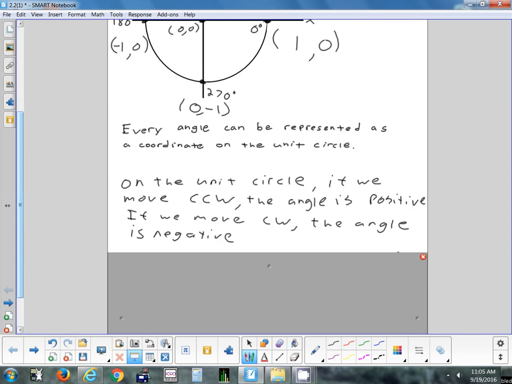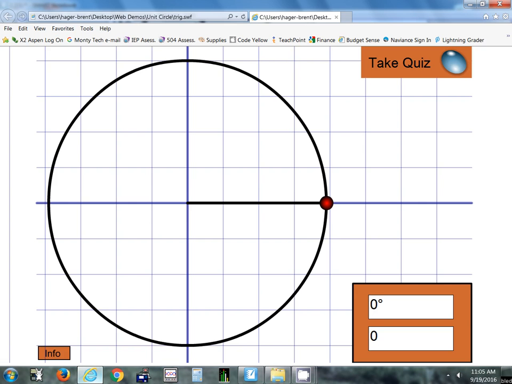Because we can go in two different directions, sometimes that gives us multiple ways to describe an angle. Let's say I had 270. Put it right about there. The way that I went was counterclockwise to get to 270.